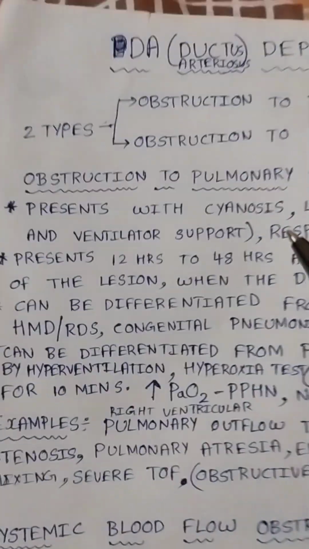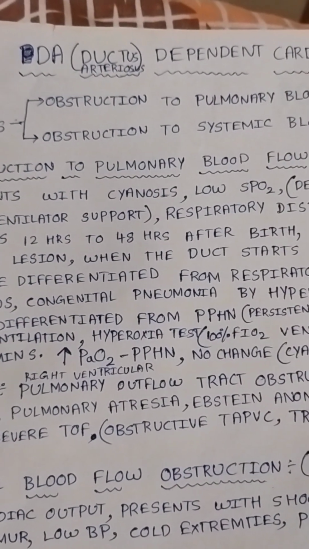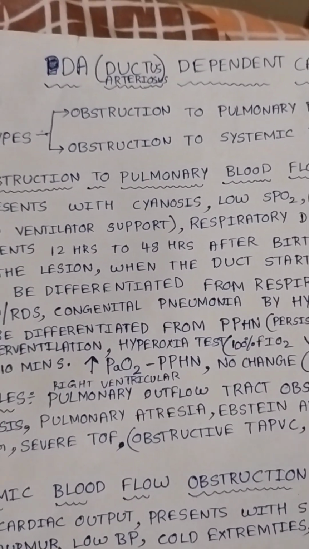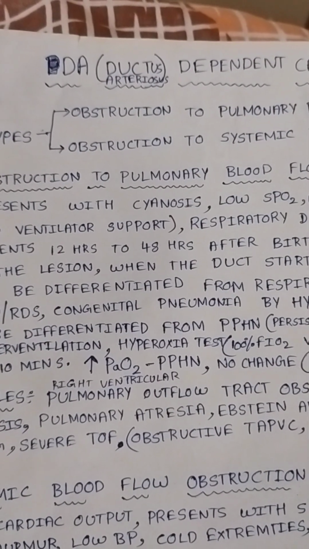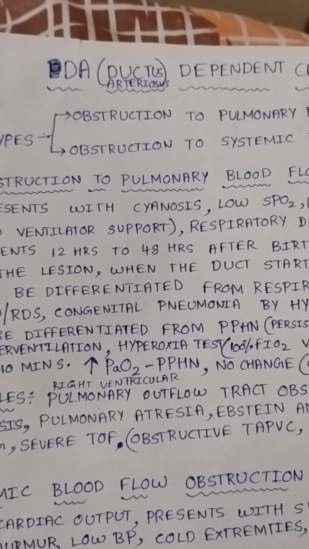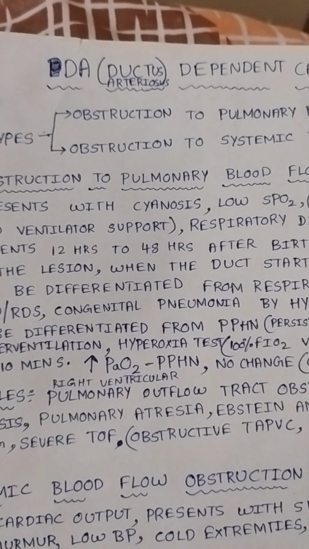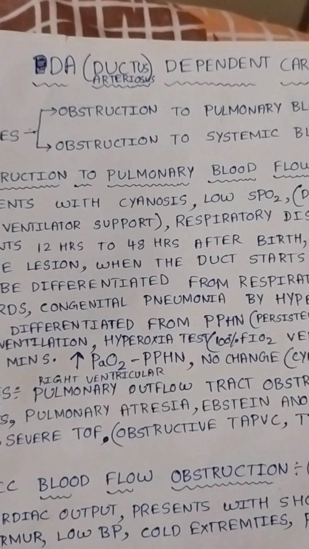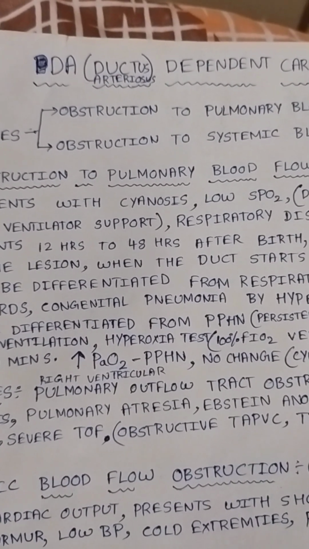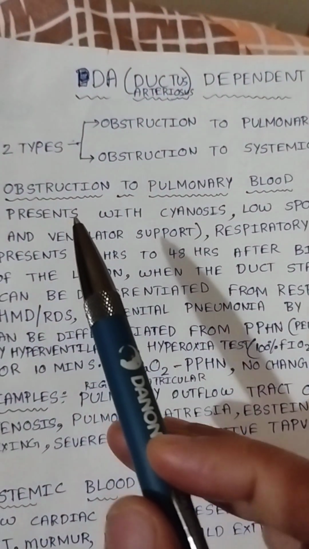If there is obstruction to the pulmonary blood flow, pulmonary outflow tract obstruction, meaning right ventricular outflow tract obstruction, there will be obstruction in the pulmonary arteries which carry the deoxygenated blood from the right ventricle to the lungs. The deoxygenated blood flow from the right ventricle to the lungs is impaired in this obstruction.